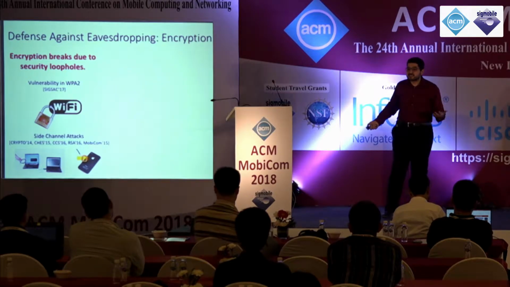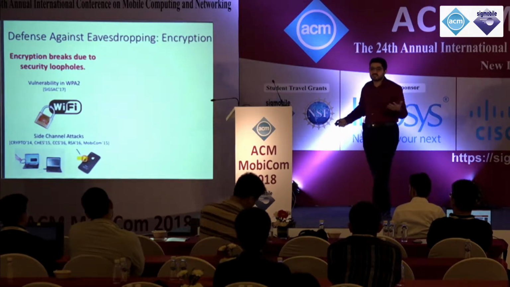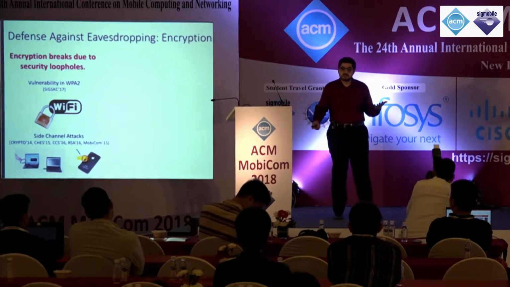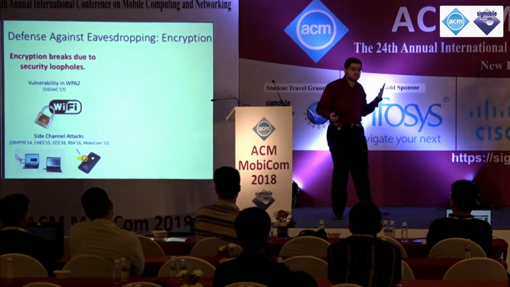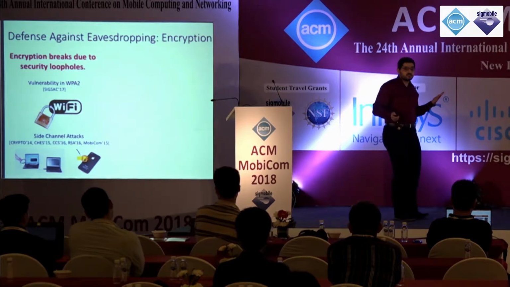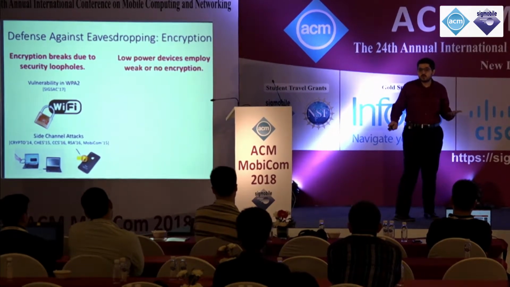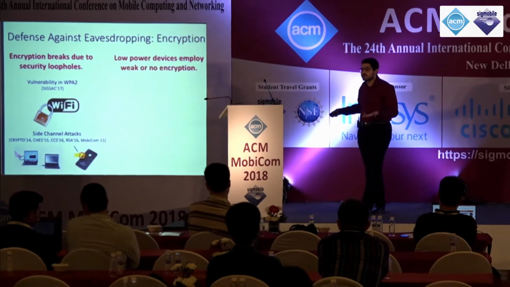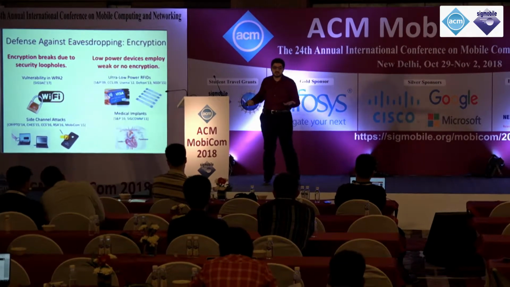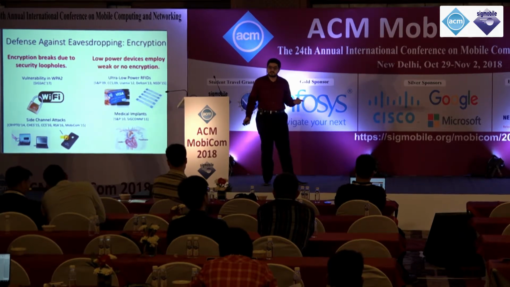Side channel attacks have been used to break something as strong as RSA. And there's a whole class of other devices which are very low power and cannot afford strong encryption or don't have encryption whatsoever. These are battery-free devices like backscatter RFIDs and medical implants.